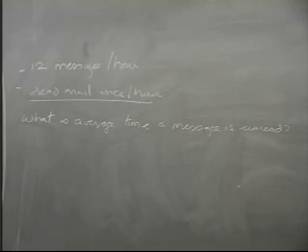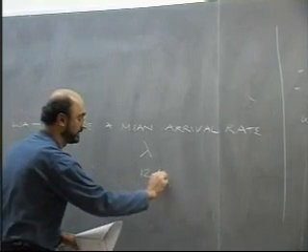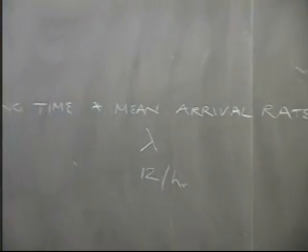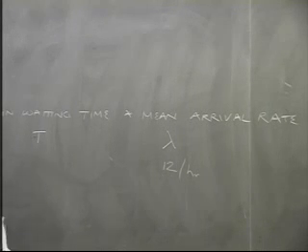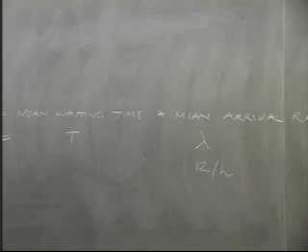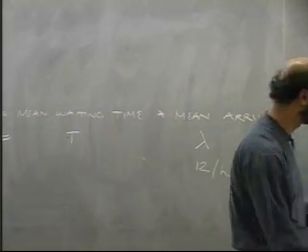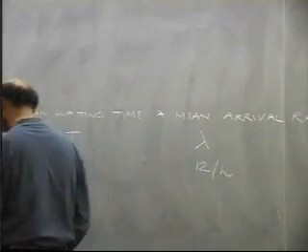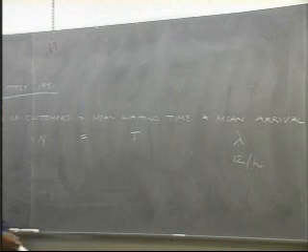We have 12 messages an hour, so our mean message arrival rate is 12. In fact, it is deterministic: 12 an hour is my arrival rate, and I read mail once an hour. So the mean number of unread messages is what?